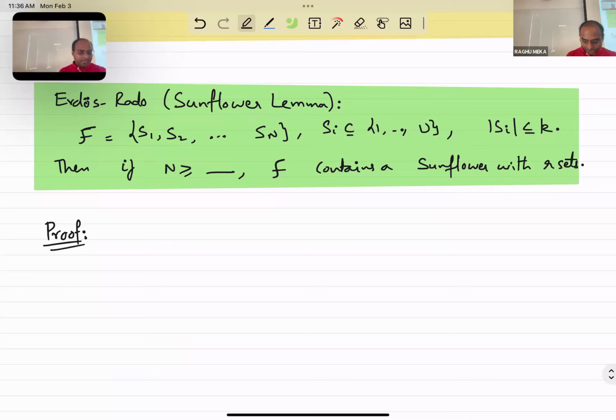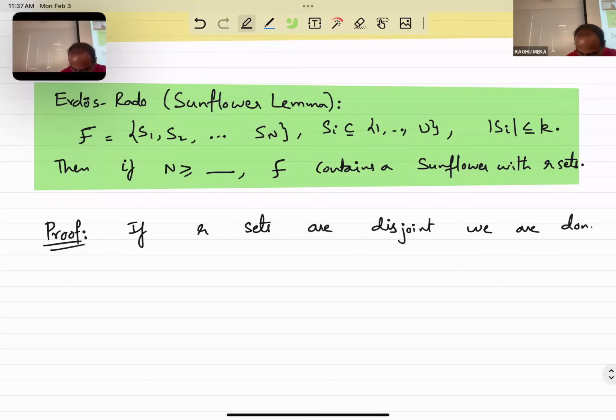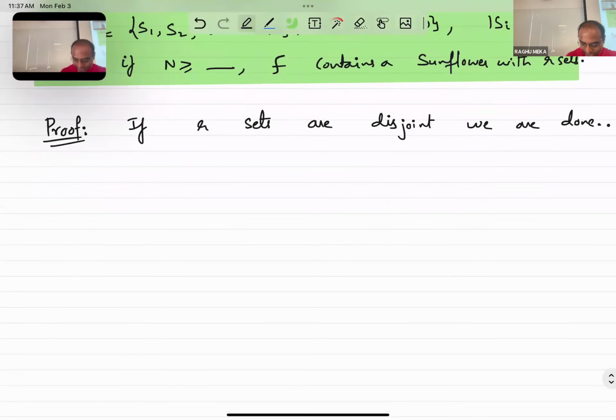Okay. So if our sets are disjoint, we are done. So what does this mean? Let's say I start greedily and I pick one set S1.